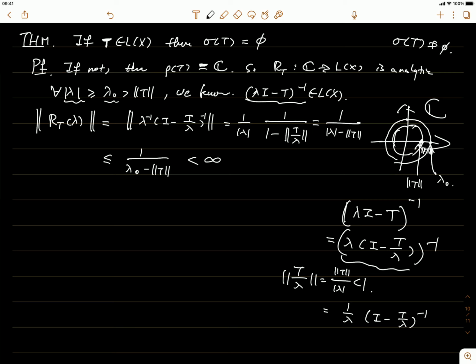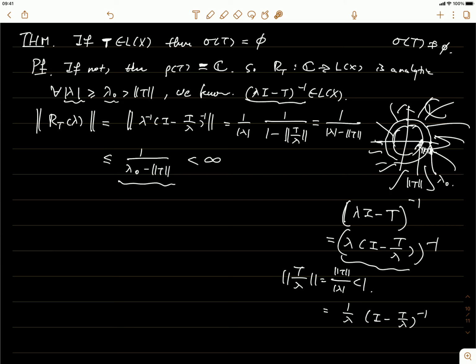So this means that the resolvent is bounded by this quantity when it is outside of the ball with radius lambda naught.